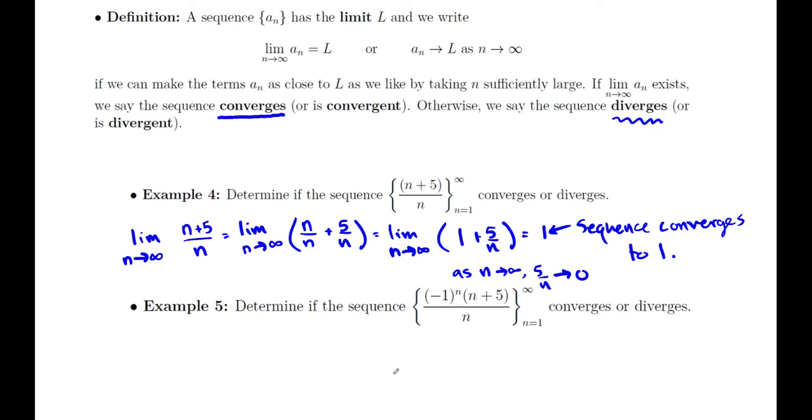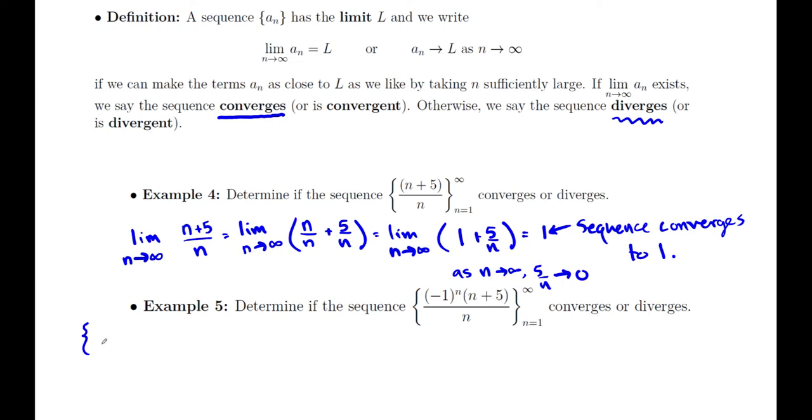All right, well, good. So let's take a look at example 5. We want to determine if this sequence converges or diverges. Well, we know what happens when we don't have the -1 in there. So what I would suggest is to think about what it means for this sequence to converge to 1.